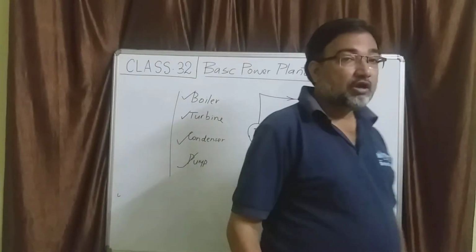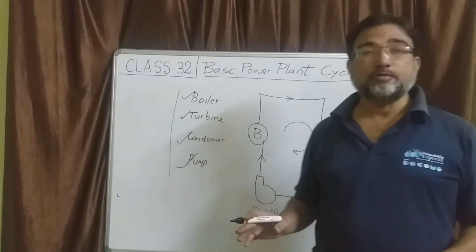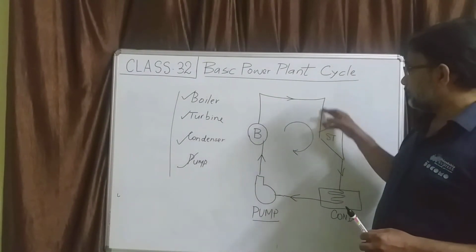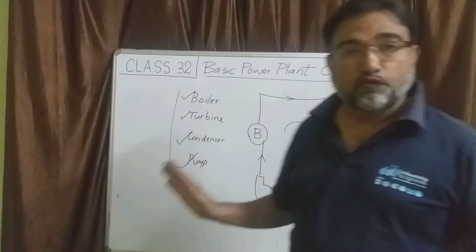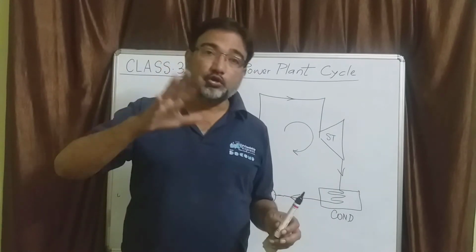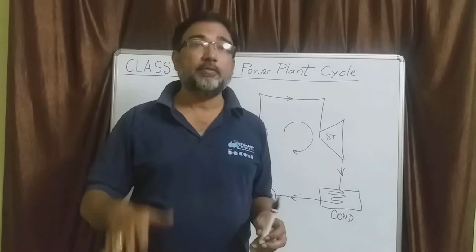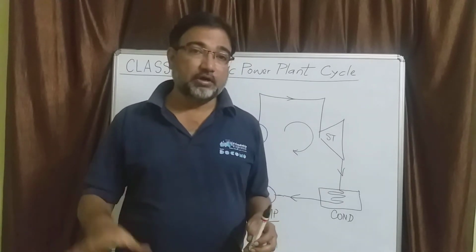Now, the working substance here is steam, but it is steam only when it comes out of the boiler. Before that, it is water. So it is a two-phase activity, where both water and steam, that means H2O in liquid form and in vapor form, participate in the power generation.